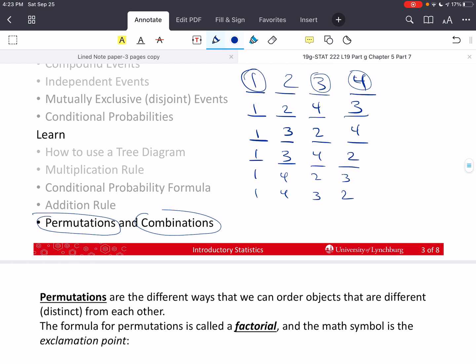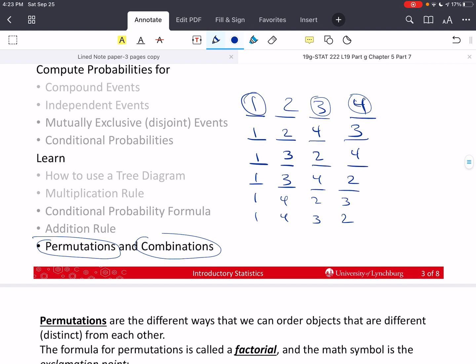Now, the second position has gone through 2, 3, and 4. That's all the numbers we have that are above 1. So now I have to switch the first number, and I'm going to increase it to 2. Now notice that I have 6 different permutations.